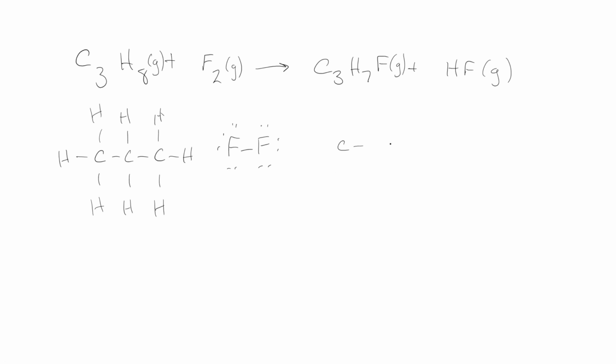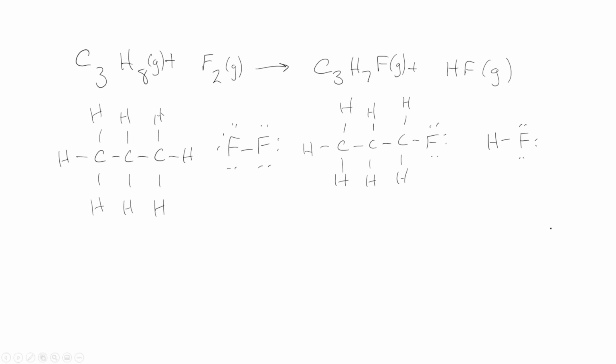C3H7F looks very similar to this molecule, which is called propane, but one of the hydrogens has been replaced with a fluorine. So we have 7 hydrogens, but the 8th bond is replaced with a fluorine. And we have a hydrogen connected to a fluorine over here.